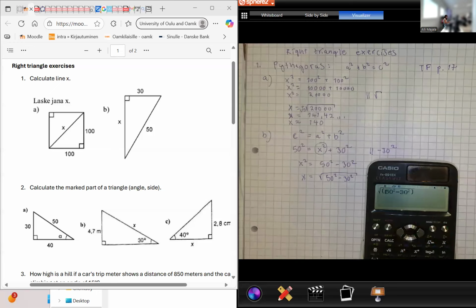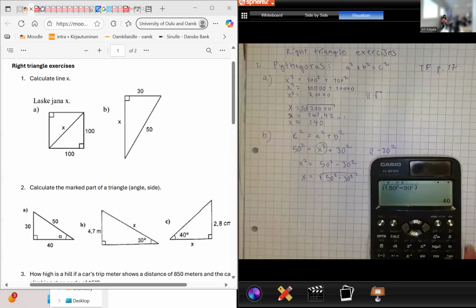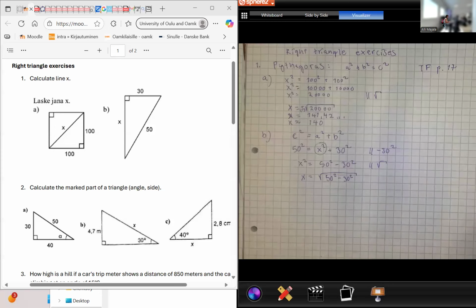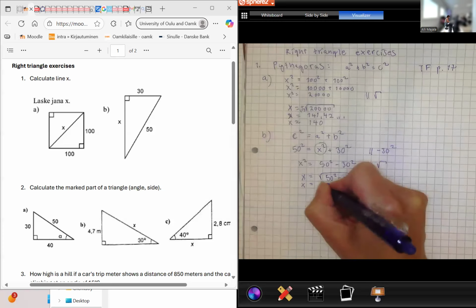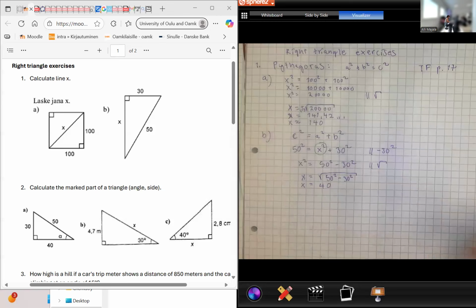But this is exactly the same thing. Well, I could have obviously just calculated, but whatever, it's 40 or plus minus 40, but now obviously it's just 40 because it's a length.